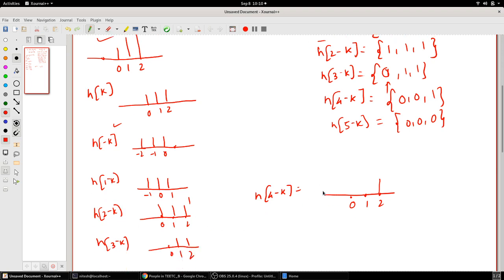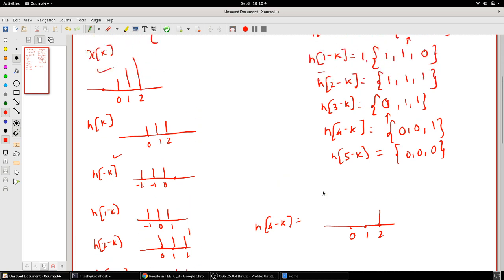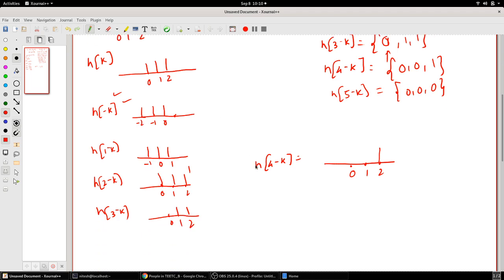Your resulting sequence y of n looks like this. You get a 1 here at 0. X of k into h of 1 minus k, only these overlap, so 1 plus 2 is 3. Then x of k into h of 2 minus k, all three overlap, so there will be a 6 here.